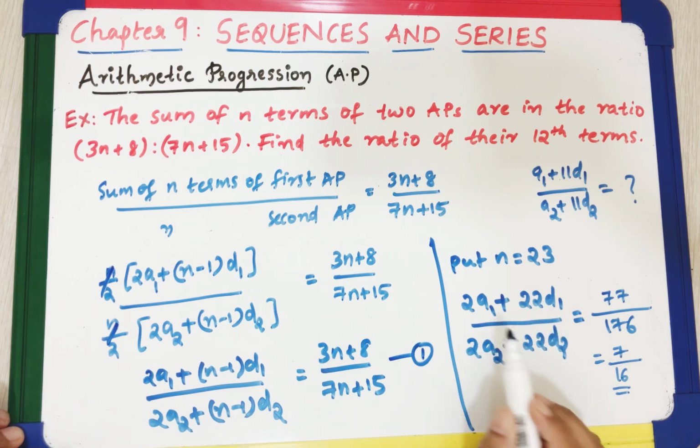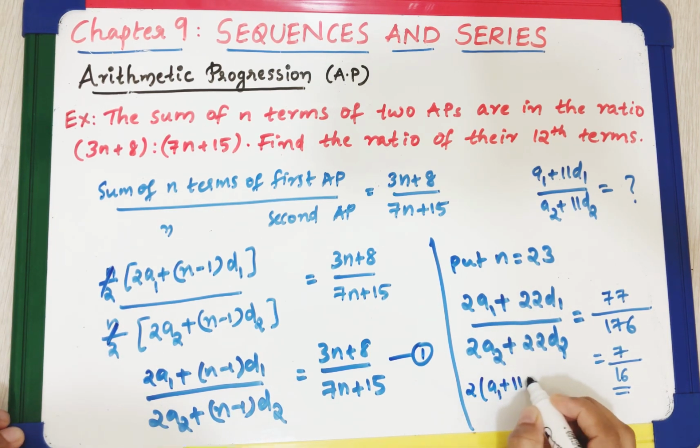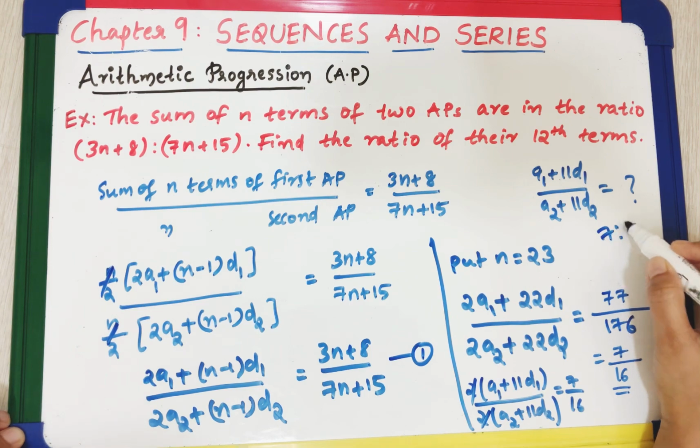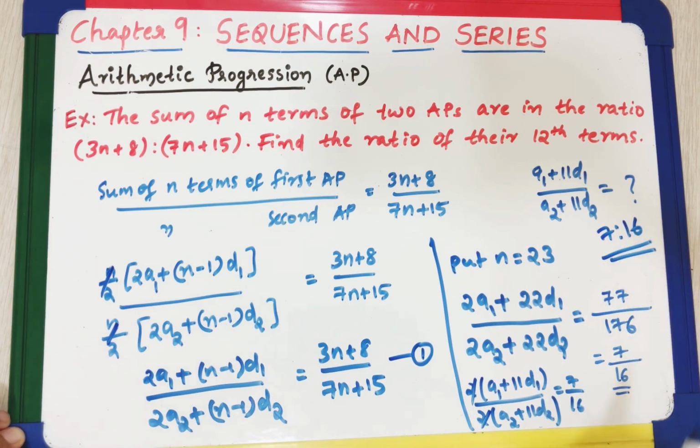Here 2 is common, take 2 outside, then we get 2 into a1 plus 11 d1 by 2 into a2 plus 11 d2 is equal to 7 by 16. See, 2 gets cancelled, that is a1 plus 11 d1 by a2 plus 11 d2 is equal to 7 by 16. Therefore, the ratio is 7:16.